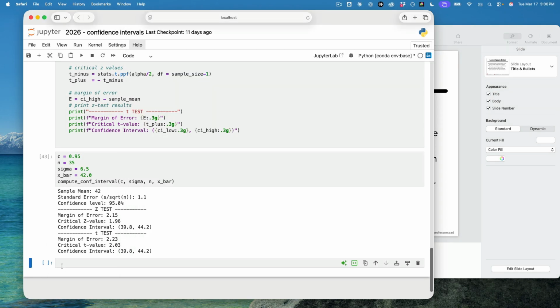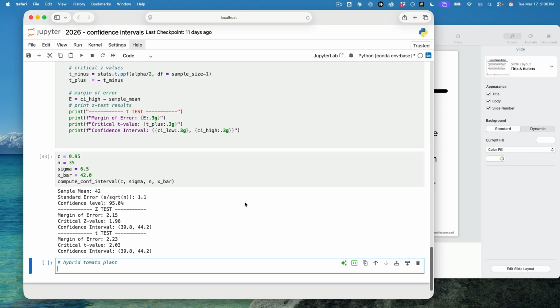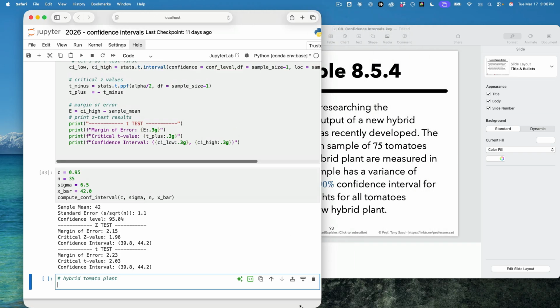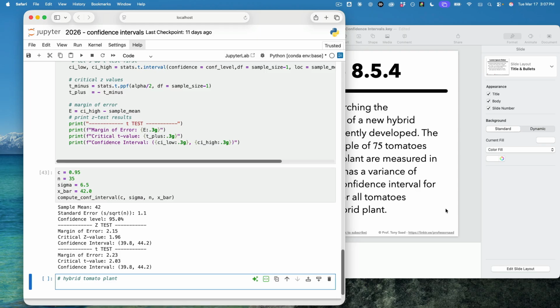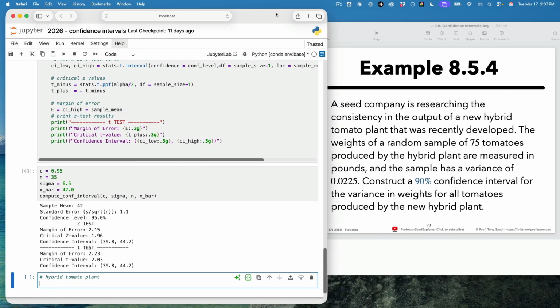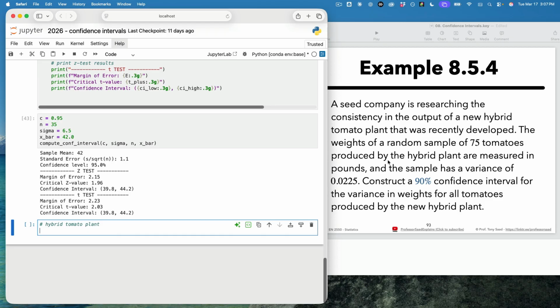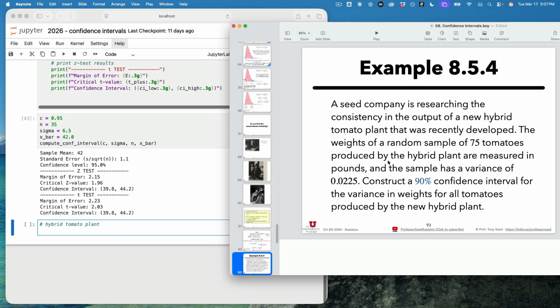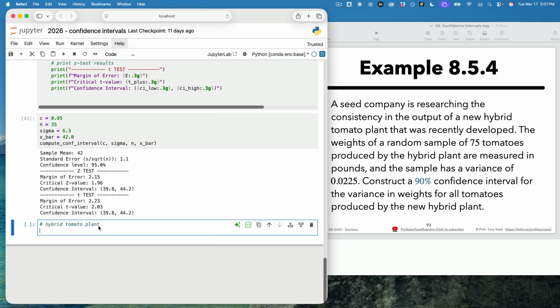All right. Now we're going to do this for the hybrid tomato plant. What do we have here? We have n is equal to 75, the sample size.